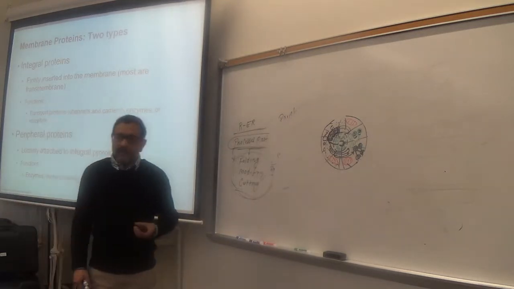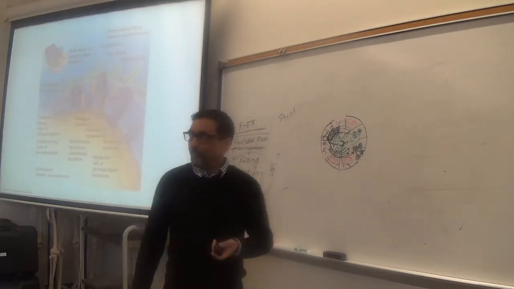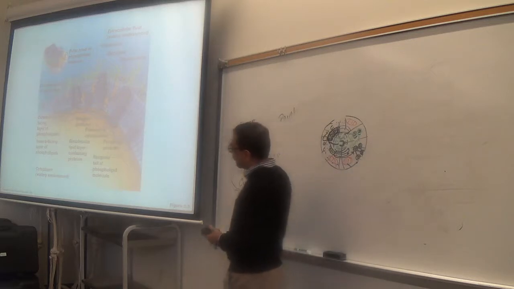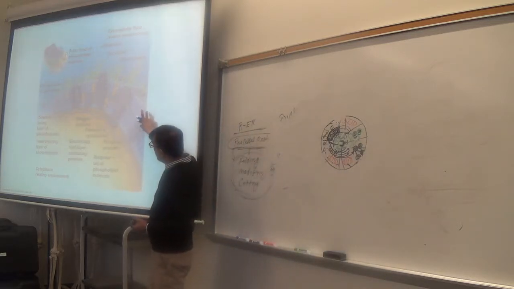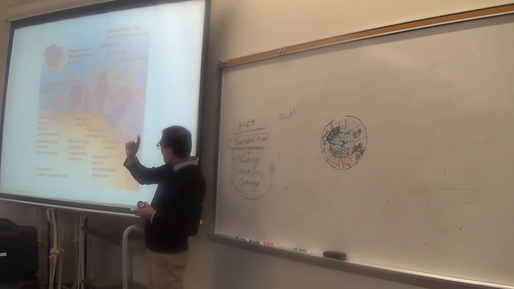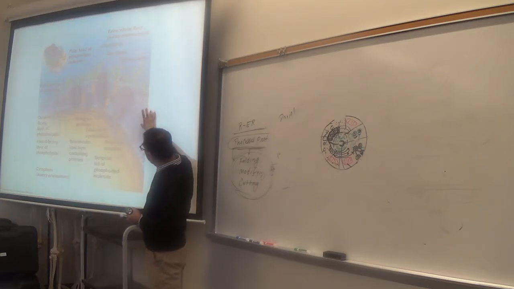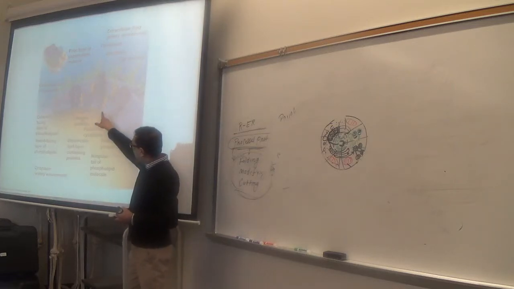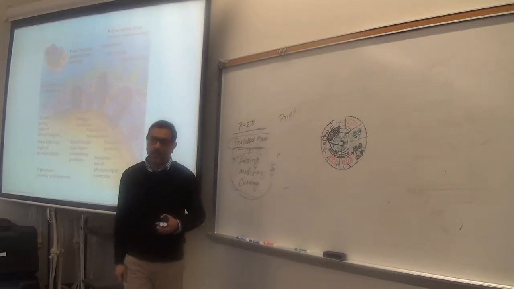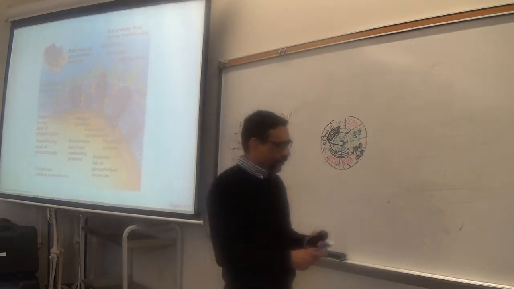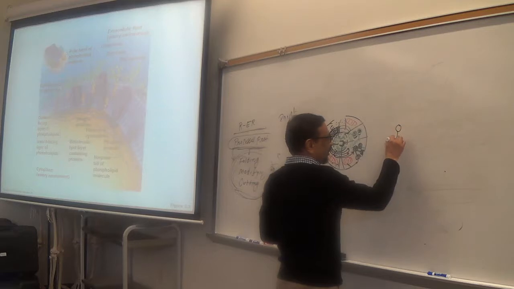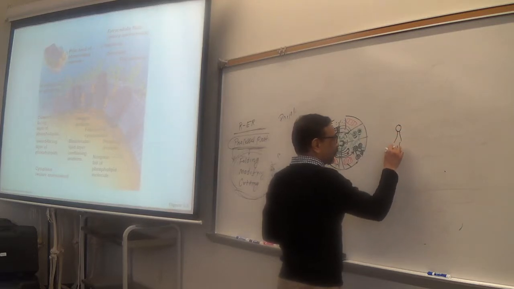If you see the structure of a cell membrane, you see this is the structure of a cell membrane. Cell membrane is a phospholipid bilayer. Remember, phospholipid bilayer. This is one phospholipid layer. This is another phospholipid layer in which the proteins are embedded. If I draw a cell membrane, these are phospholipid molecules.